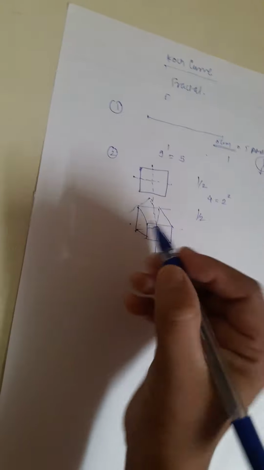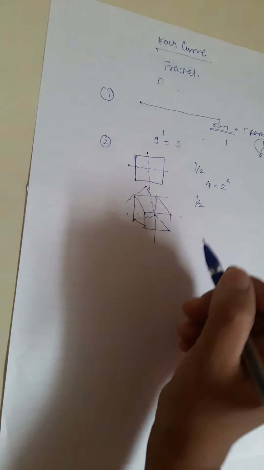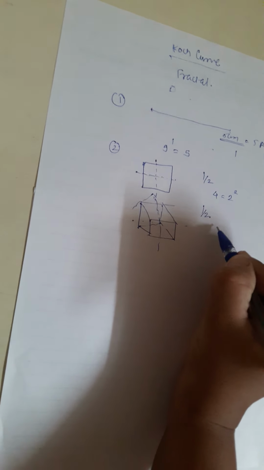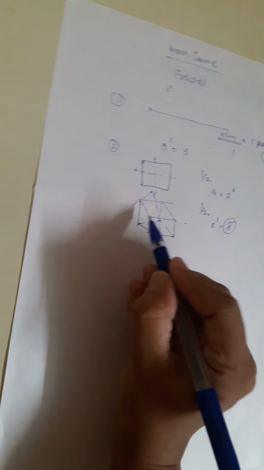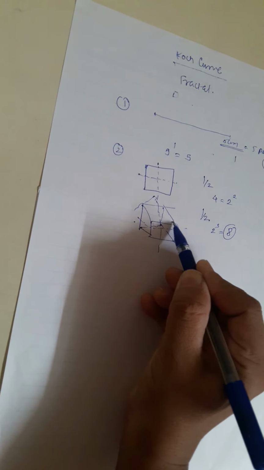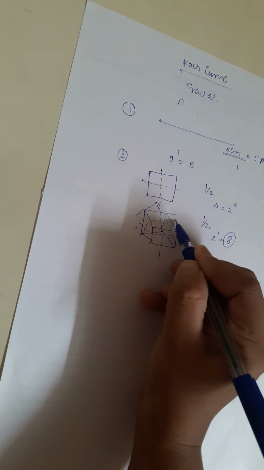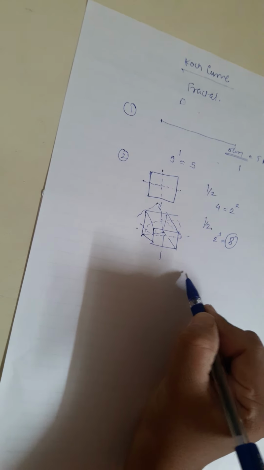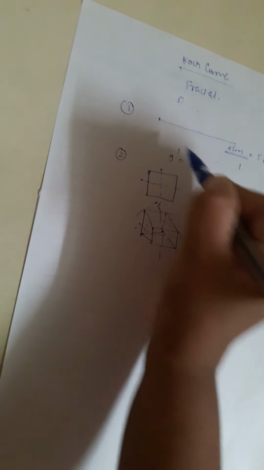If you know the Rubik's cube, it will be the same as that. So if I am scaling it by 2, I'll be getting 2 raised to 3, 8 equal parts. So you can imagine it. It will be 8 equal parts. Now what is this raised-to part?